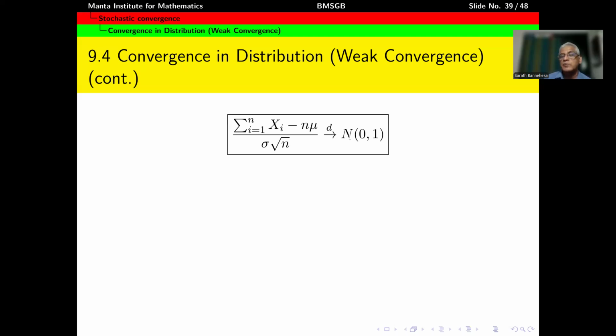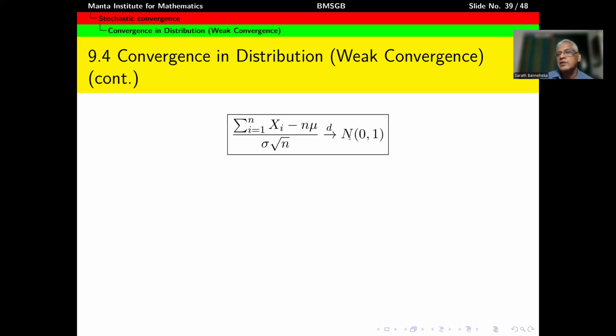In other words, the approximate distribution of the standardized sample mean will be standard normal if the sample size is large enough, right? So here the expression "if the sample size is large enough" is very important, because there is no particular rule saying how large n should be for this to be valid.